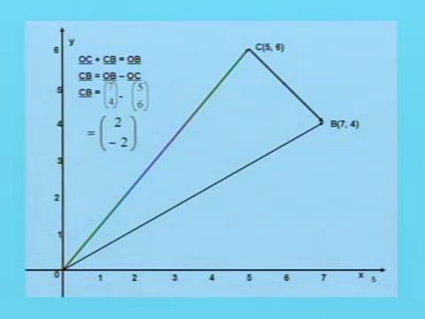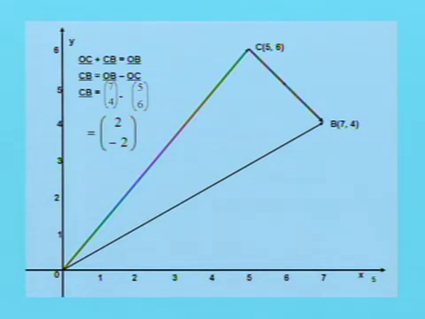Look at the point C. C is 5, 6. B is 7, 4. The position vector of C would be OC, joining O to C with the arrow ending at C. Position vector OB would be the arrow joining O to the point B, the arrow ending at B.